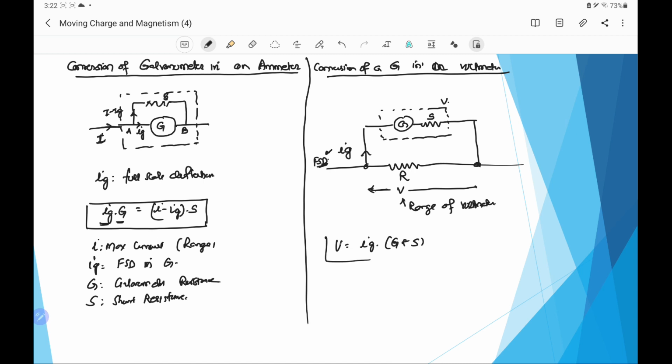So this is the equation which is used to convert the galvanometer to a voltmeter of range V. And for this V, Ig is the current which gives the full scale deflection in the galvanometer. So using these two equations, we can convert the galvanometer into an ammeter and a voltmeter.